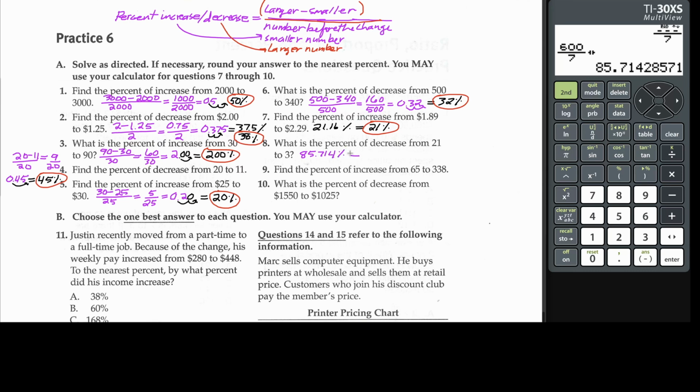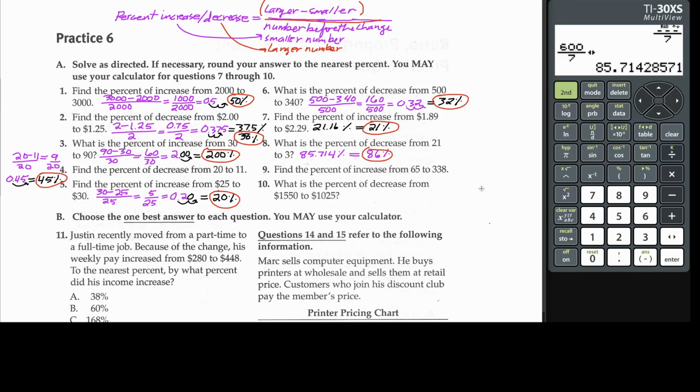So if I round that to the nearest whole, I will get 86%. Okay, what is 86% here? That means if you have $21 and it decreased to $3, so your value is decreased by 86%. That's a very big change here.